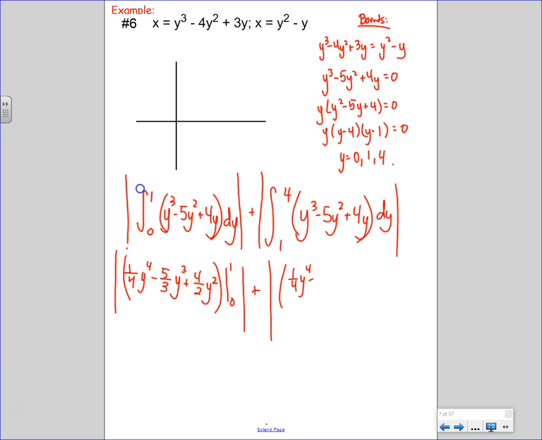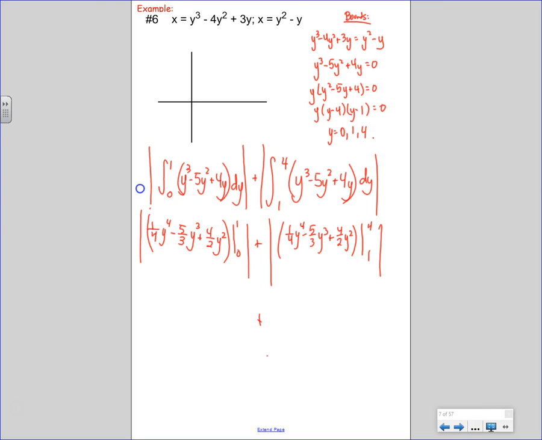1/4 y to the 4th minus 5/3 y cubed plus 4/2 y squared. Nope, not 0 to 1, 1 to 4. If I plug in 1, I get 1/4 minus 5/3 plus 4/2, which is just 2.